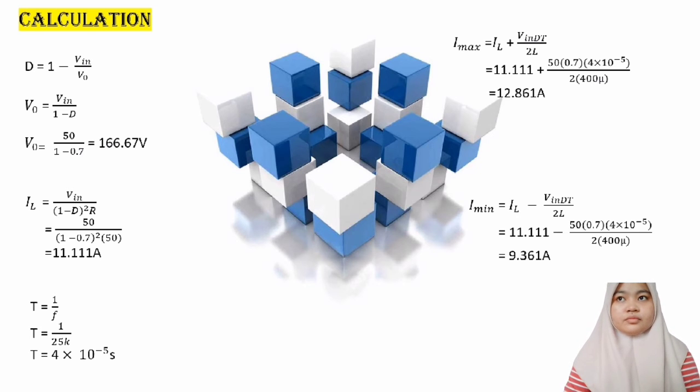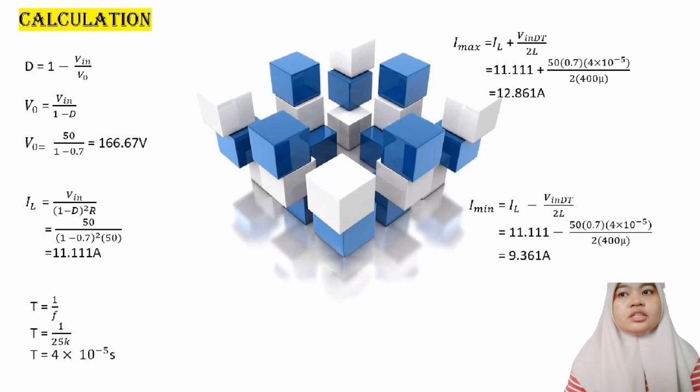For the output voltage, we use the formula V input divided by 1 minus D, or duty cycle. Just substitute the values, and we will get the output of 166.67 volt.